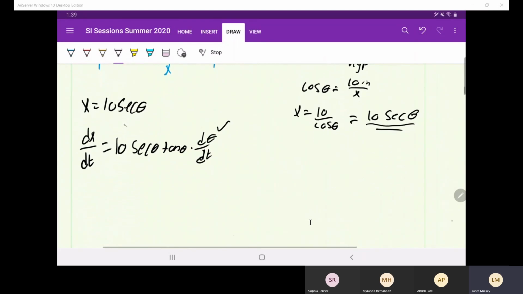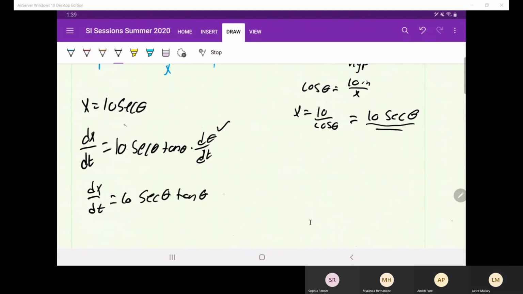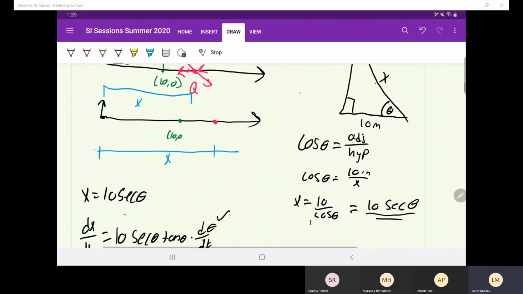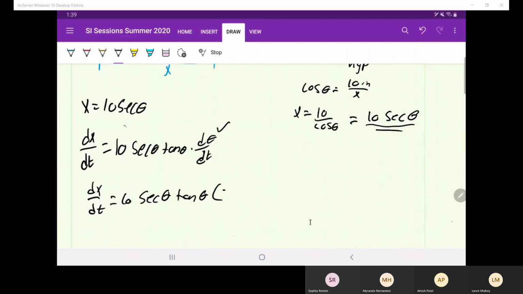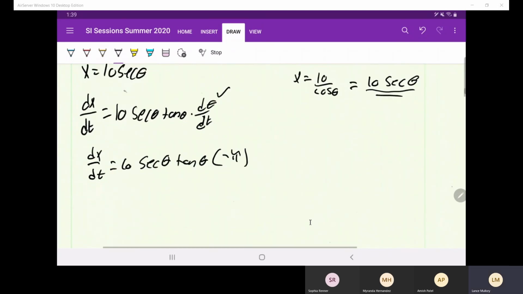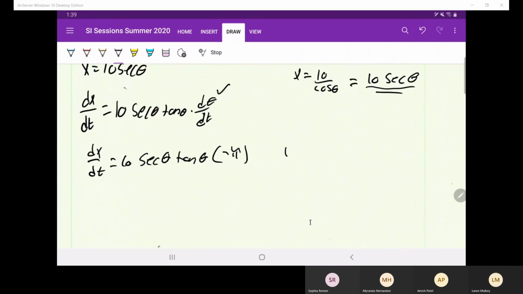Actually, now here's the hard part, the really hard part. So dx dt equals 10, and d theta dt, if we go up here, negative pi. Now what is theta? That's the real question.